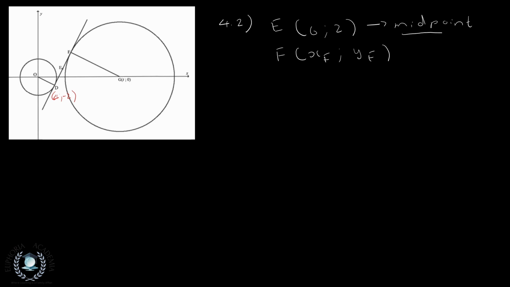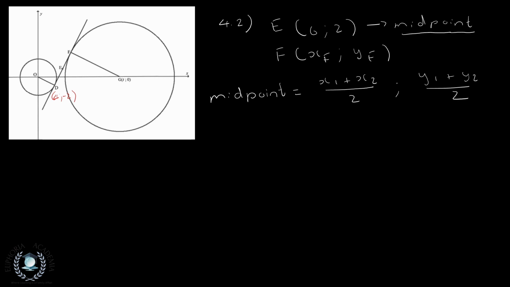Whenever you see midpoint or halfway, you must think what? Midpoint theorem, right? And the equation of the midpoint theorem is x1 plus x2, your two coordinates, divided by 2, and then y1 plus y2 divided by 2.